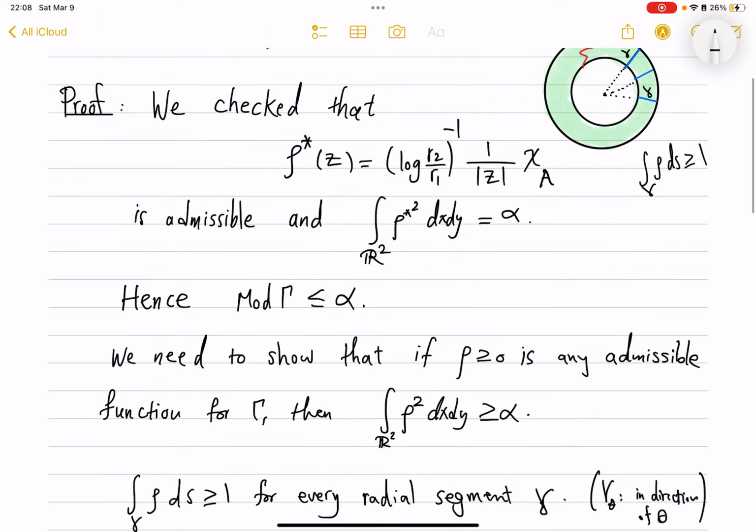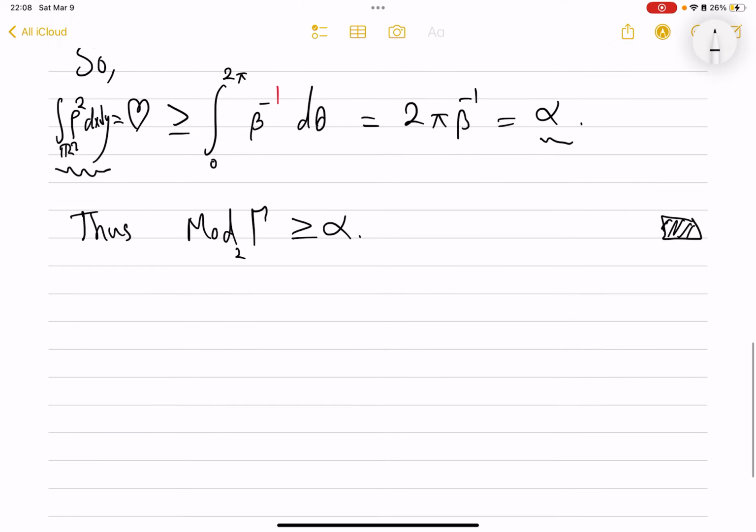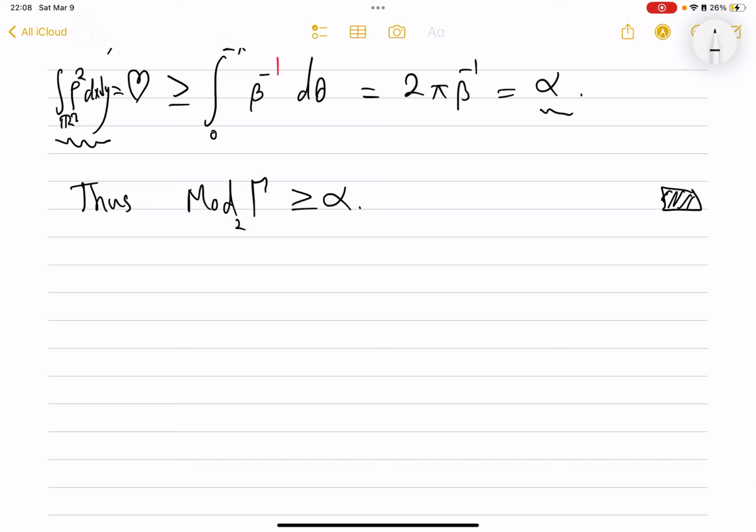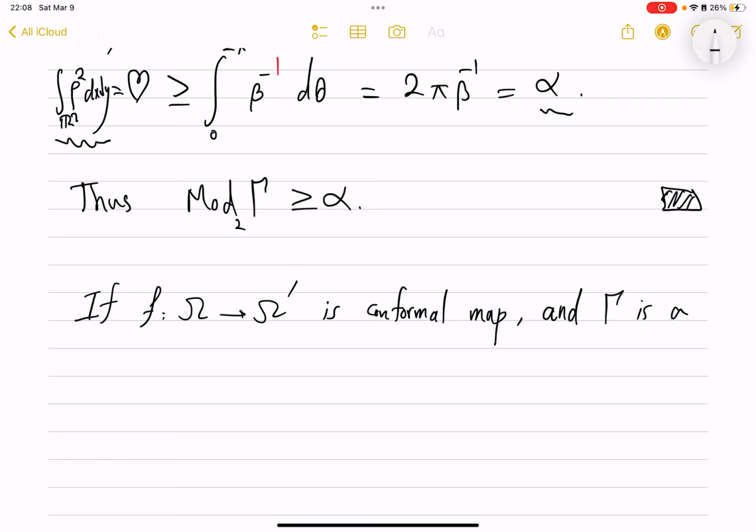Let me show you an immediate consequence. For now, you have to believe this fact that if f from omega to omega prime is a conformal map, where these omega and omega prime are, say, connected open sets, and gamma is a path family in omega.